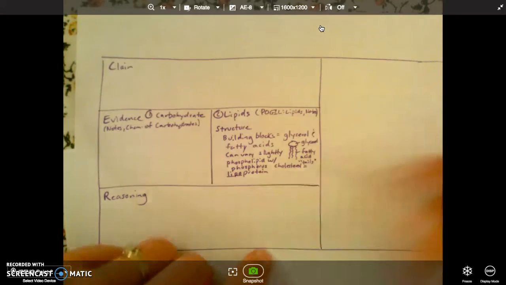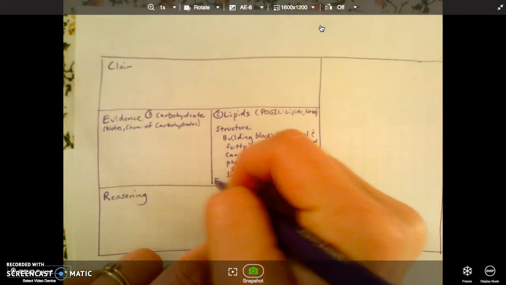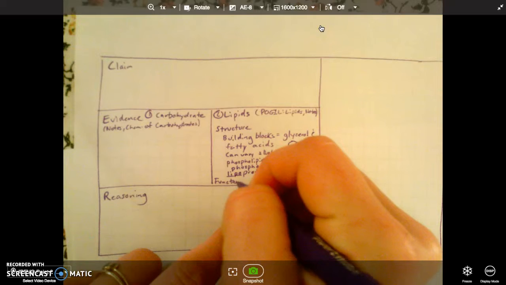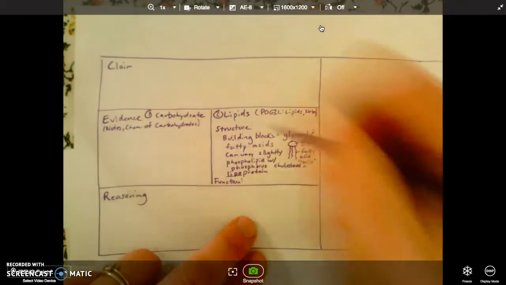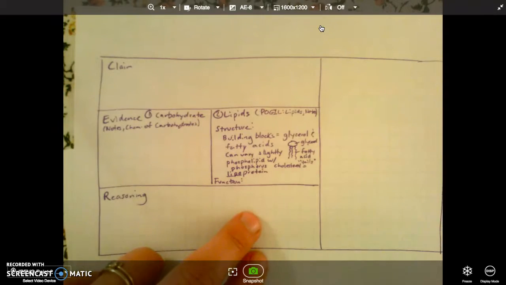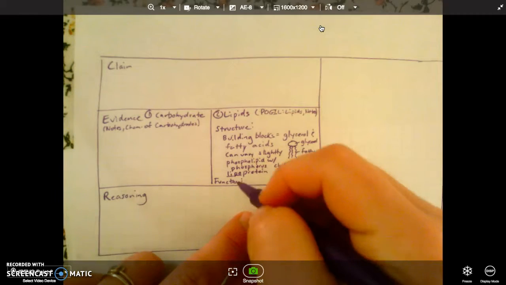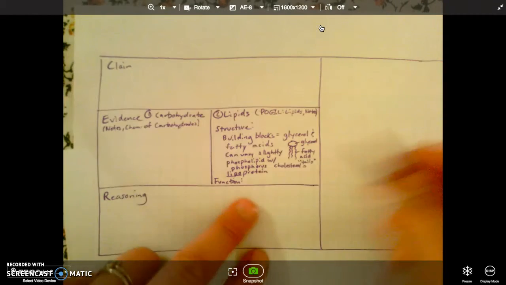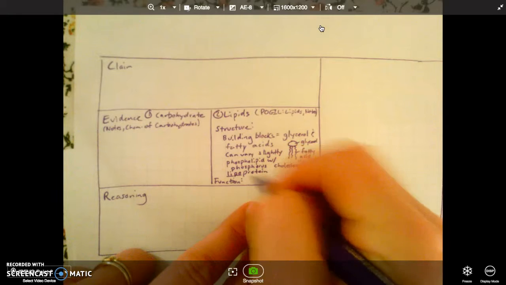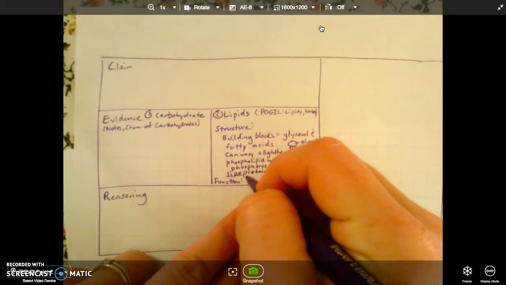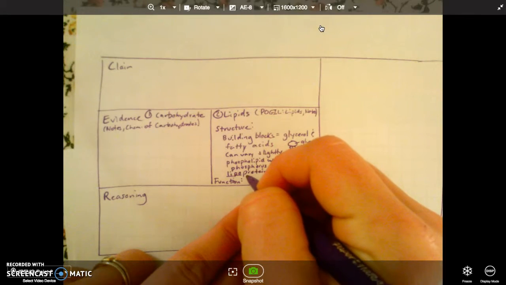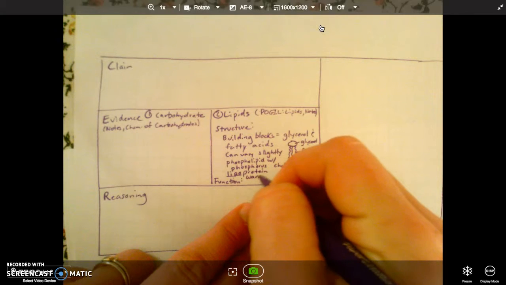And then it wants some information about function. So we're going to write function. Oh man, and I've got tons of things hopefully to list now. If I look back at basic notes, it'll tell me about function. If I look at the POGL, it'll tell me about function. A few things we listed, even just in our do now the other day: warmth or insulation.